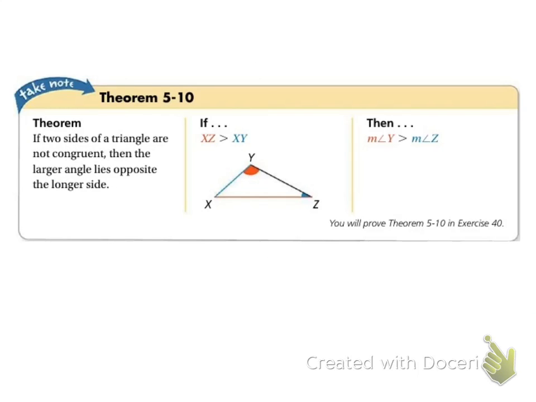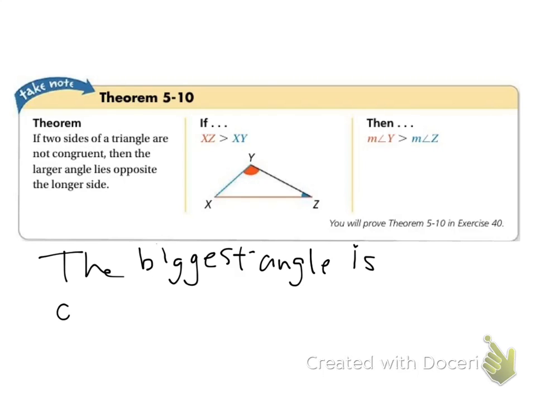Alrighty, another theorem. Theorem 5.10. If XZ, that red side, is greater than XY, that blue side, then the red angle, angle Y, is greater than the blue angle, angle Z. This theorem, along with our other theorem that we're going to do, the general situation for both of them is that the biggest angle, I'll write it out, hopefully not too sloppy, biggest angle is across from the biggest side.